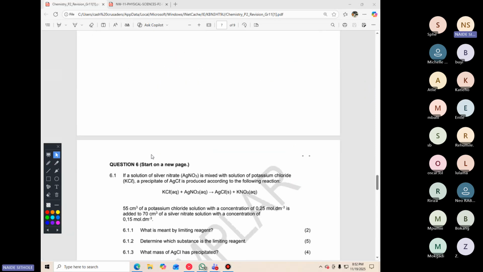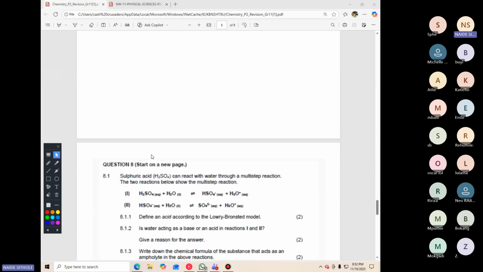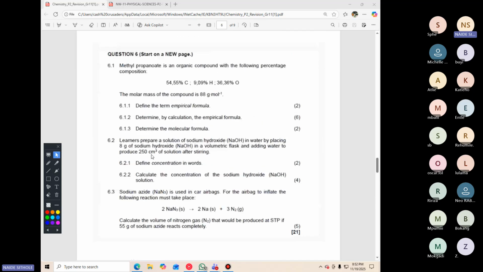Okay, then I think with these ones now we are fine. These are calculations. I don't believe people still want me to remind them of empirical formulas and that. But let me ask.